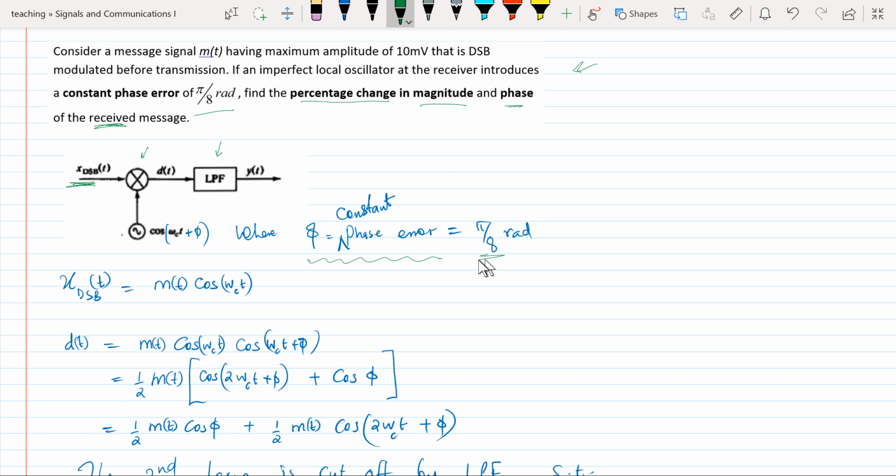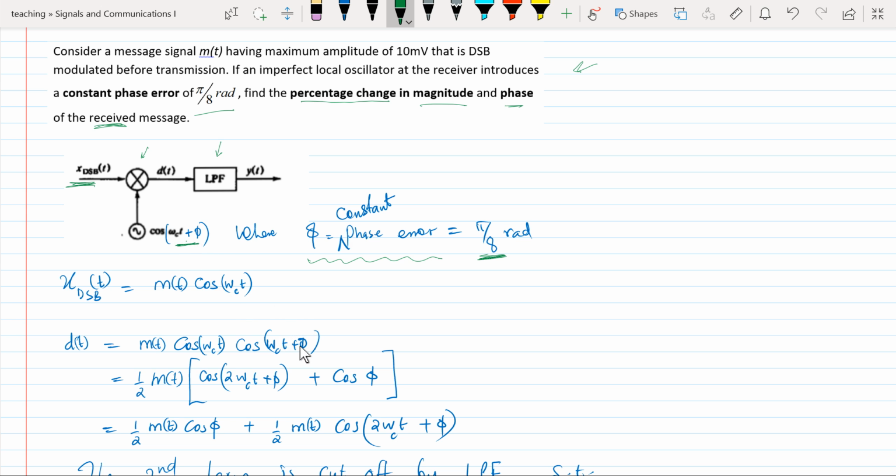I've just made this correction, which was indicating pi over 6, so it's supposed to be pi over 8.